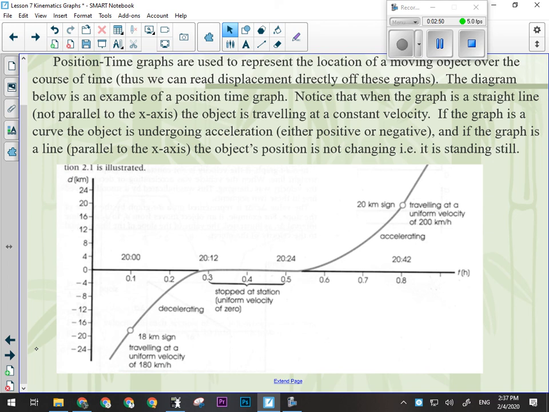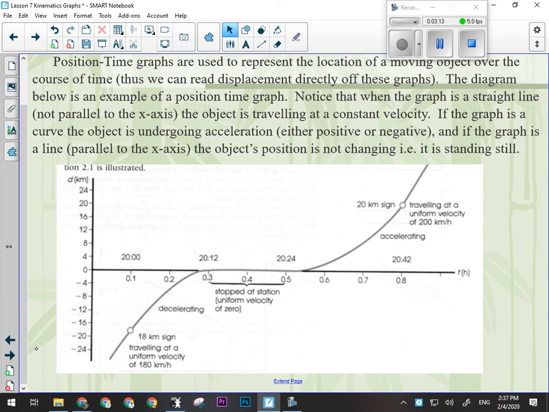It's not accelerating. It's moving at a constant speed, or even more specifically, in this case, it's moving at a constant velocity in a forward direction. Or even more specifically, it is changing its position at a constant rate in a forward direction.